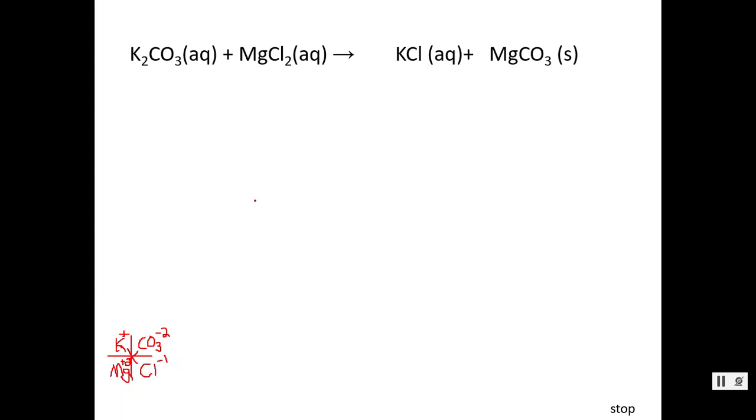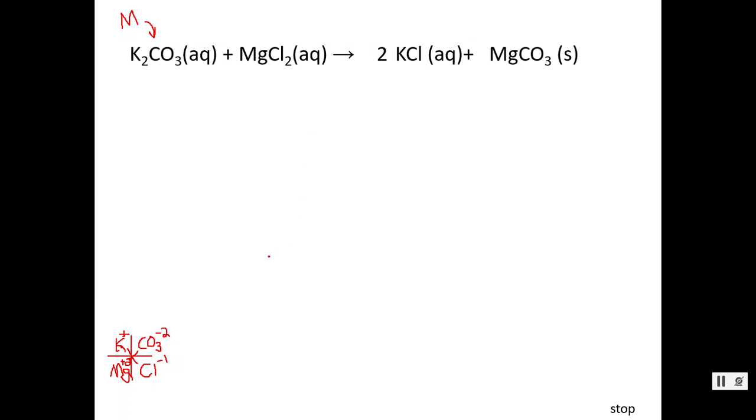Things that are insoluble get an S. One more thing to do to get this molecular equation balanced is to add a great big fat 2 in front of the KCl to balance out my potassiums and chlorines. So that is my balanced molecular equation for this problem.